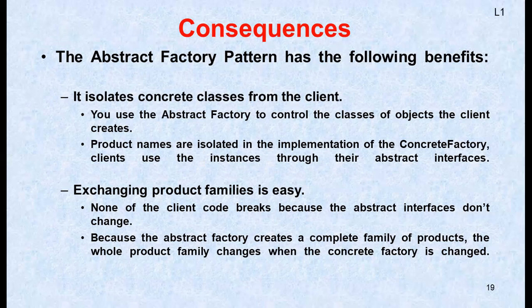The abstract factory pattern helps us control the classes of objects that an application creates, because a factory encapsulates the responsibility and the process of creating product objects, and it isolates clients from implementation classes. Clients manipulate the instances through their abstract interfaces, and the product class names are isolated in the implementation of the concrete factory, so they do not appear in the client code.